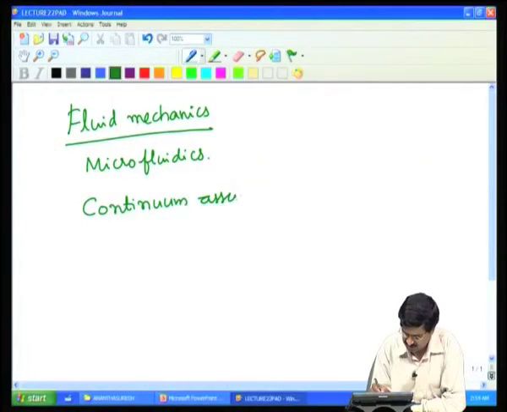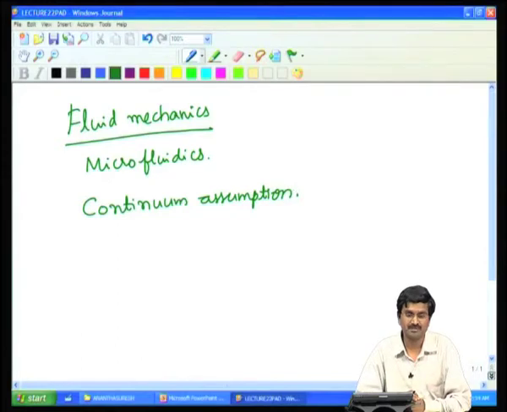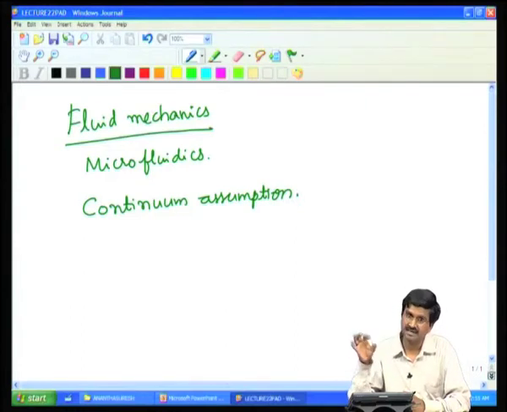Continuum assumption. In order to do the modeling with the differential equations and other things that we have discussed, we have to worry about this continuum assumption, meaning how closely the species, which can be particles or atoms or molecules, are located to each other. If I take a chunk of material, cut a little piece out of it, out of that little piece I take another little piece and I keep on doing it many times, can I keep going without ending up with individual species?